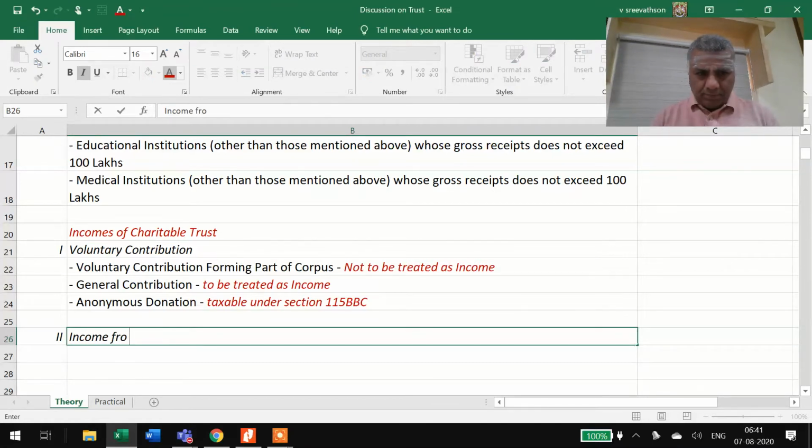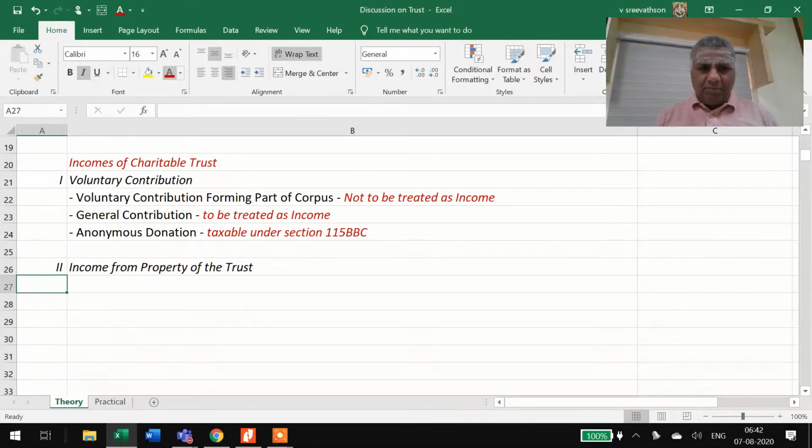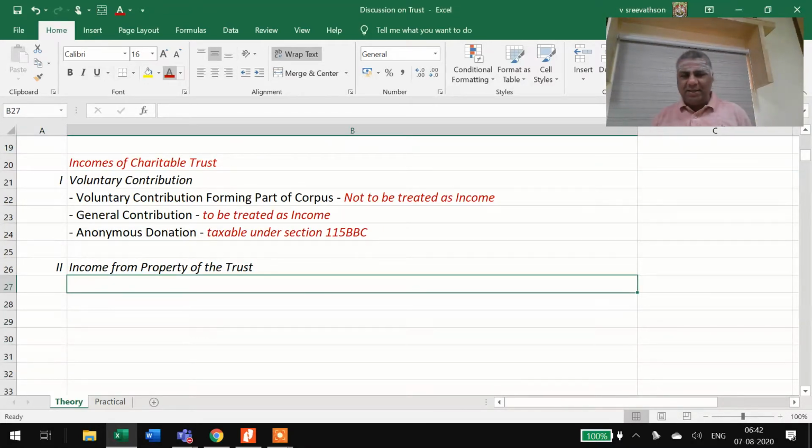Income from property of the trust. Now, for those who have known me for long, from our inter days and in final also, I will always tell you, please don't understand the word property as house property.